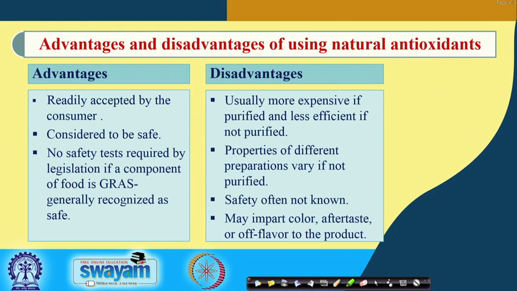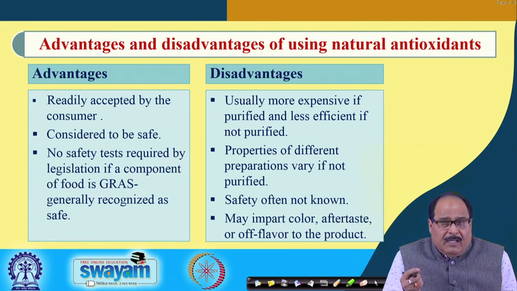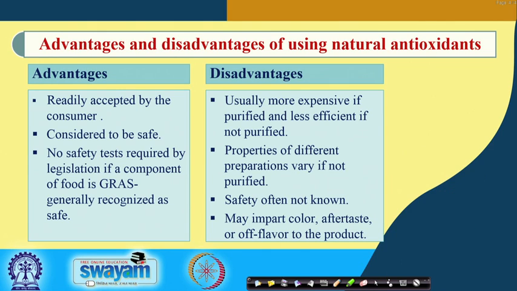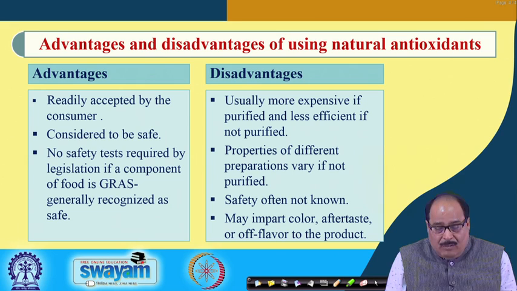We can take citrus juice. If it is used in the form of citrus juice, its antioxidant potential may be a little less effective, but if the ascorbic acid is extracted from this juice using standard procedures and protocols, then its antioxidant potential can be increased, but the extraction methodologies will add to the cost. So, it becomes more expensive if purified and less efficient if not purified.